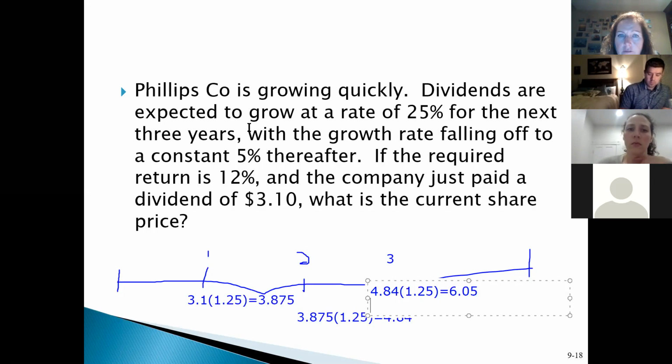So then what we have is that beginning in year 4, it's going to start growing at a rate of 5% forever.